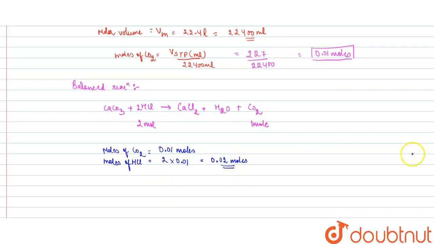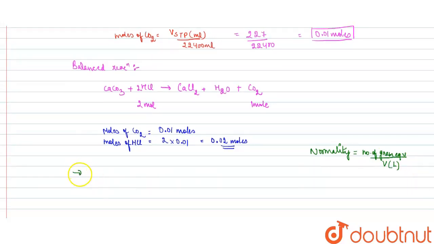Now, because HCl is an acid, we'll be determining the normality. So what is the formula of normality? Because we have to calculate the normality of HCl. Normality of a substance can be calculated by dividing the number of gram equivalents of that particular compound by the volume in liters.